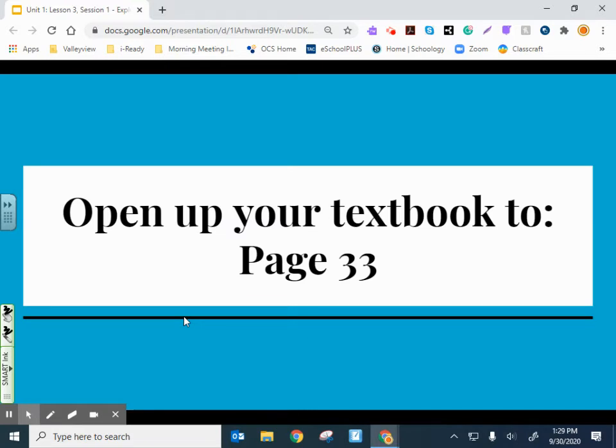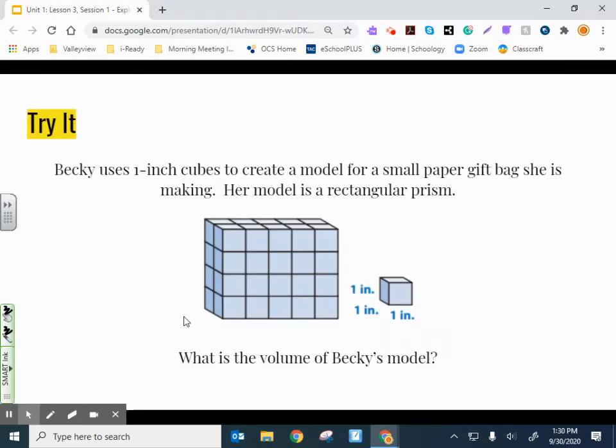All right, if you're learning from home, just go ahead and open your workbook to page 33. I will be going over the notes, and what you see on the video is what you should see in the book as well. At the top of page 33, Becky uses 1-inch cubes to create a model for a small paper gift bag she's making. How nice of her.